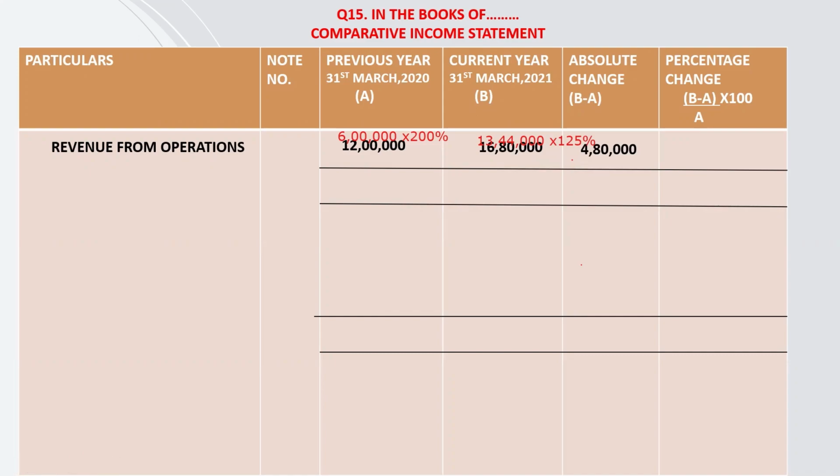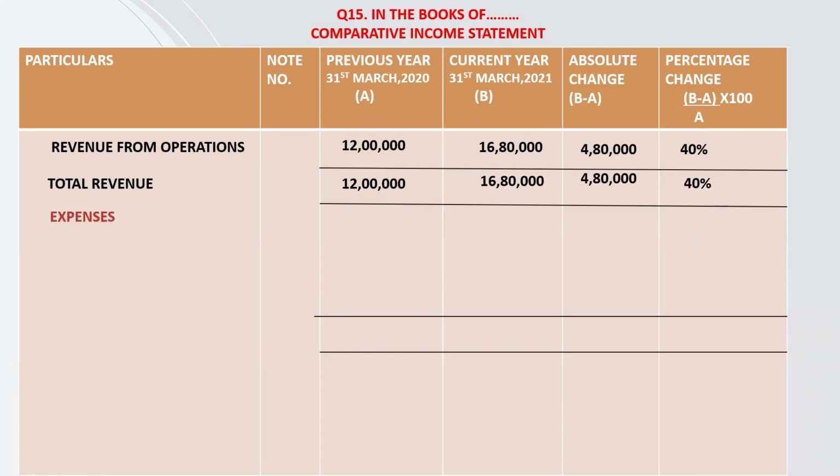And when we divide this 4 lakh 80,000 by 12 lakh, what we get is the percentage change, which is equal to 40%. I hope this point is clear. Once this point is clear, we can see there is no information given about other income. So our total revenue will remain the same.